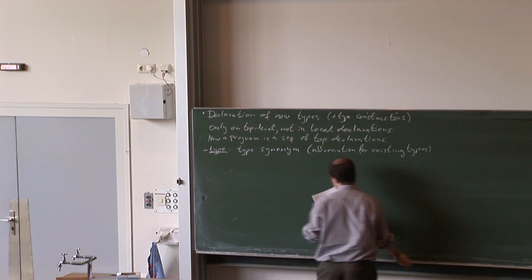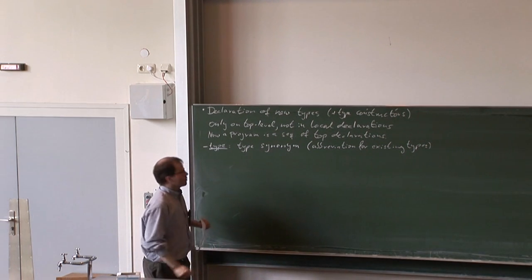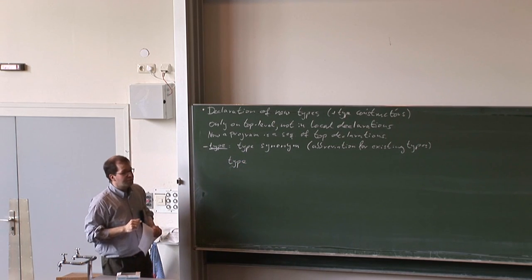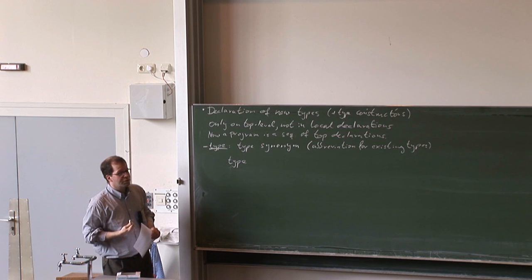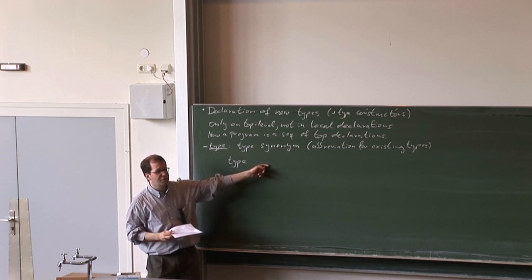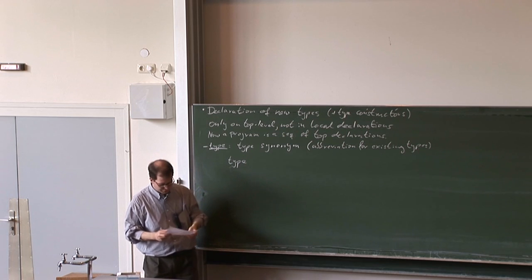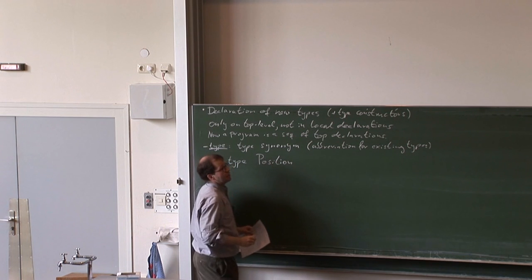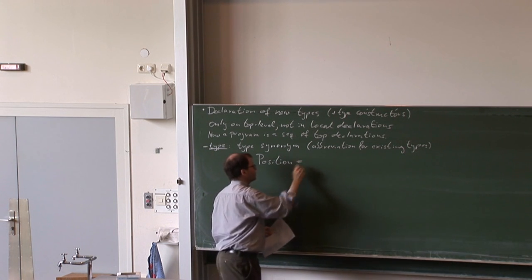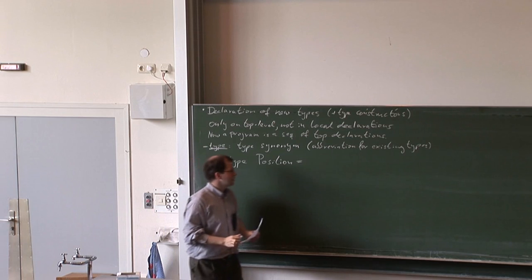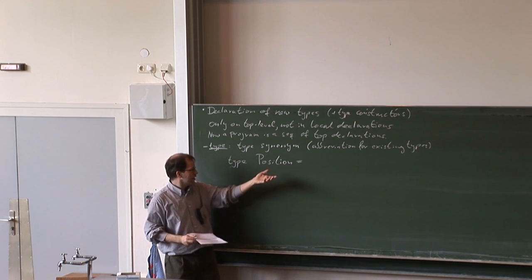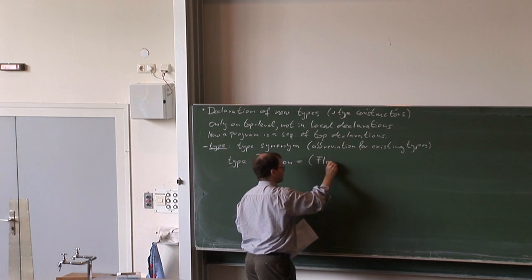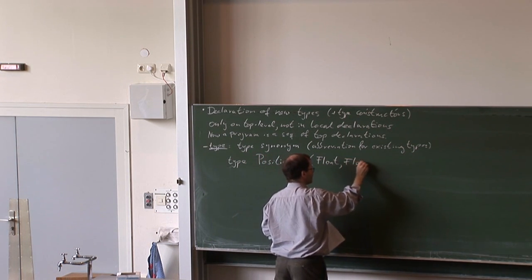Here are some examples. In such a type synonym declaration, you first write the keyword type, then you introduce a new type constructor. So you invent a new word, for example, a new type constructor Position, and then you write an equality sign, and now you describe how this type should look, and you can say, okay, positions should be pairs of floating point numbers. So you could write something like this.